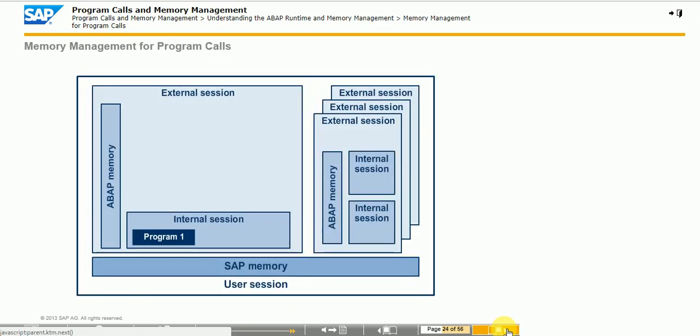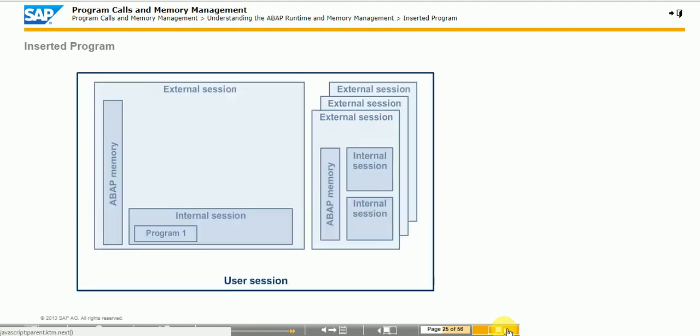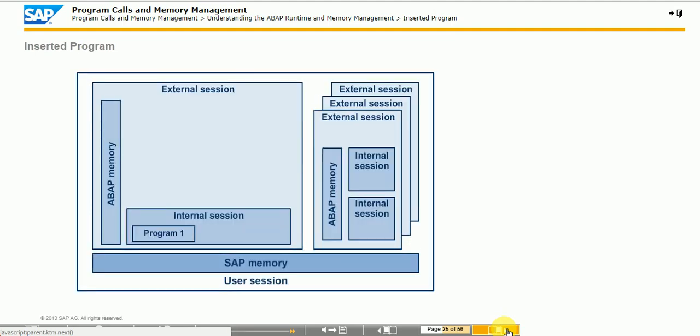The figure illustrates how a stack of internal sessions inside an external session changes with various program calls. When inserting a program, the starting point for the first case is the execution of the submit and return or call transaction statements within a program. When you insert a program, the system creates a new internal session which contains the new program context.